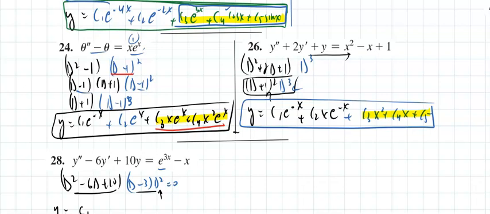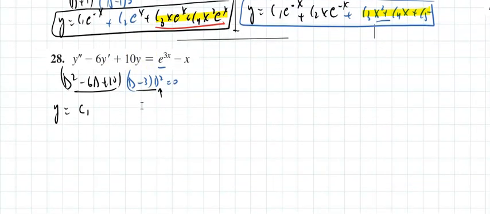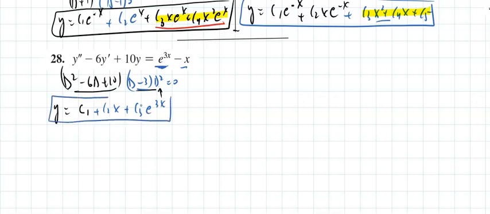Okay. So remember, you take an extra derivative to annihilate a quadratic. Here, you take an extra derivative to annihilate a constant. So the constant is really c sub 1 plus c sub 2x plus, and to really get this part, that's c sub 3 e to the 3x. Again, there's no way that could be part of this, so there it is.